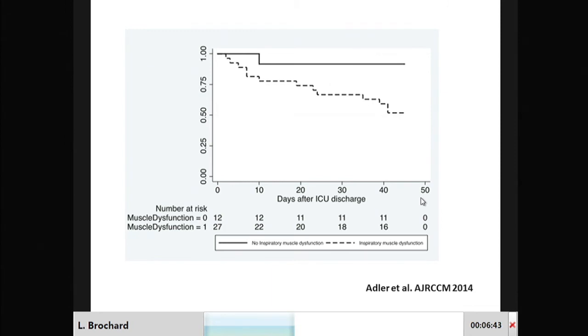And we found that using a different technique, which is the sniff evaluation of the diaphragm, those patients having muscle dysfunction had a much more frequent rate of hospital readmission and ICU readmission. So it's not only a problem for the ICU stay, but it's also a problem for what will happen after ICU discharge.